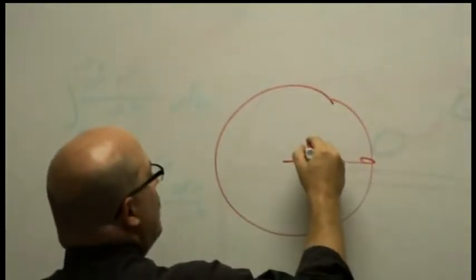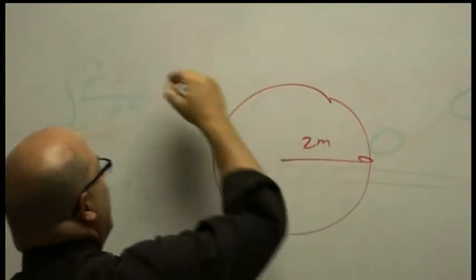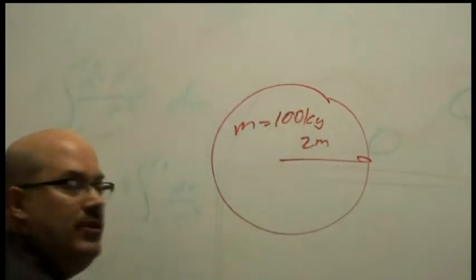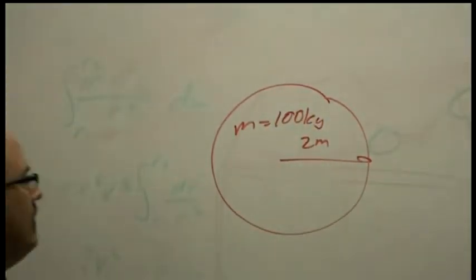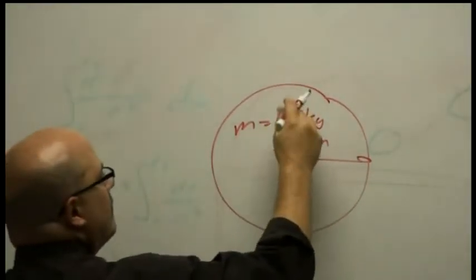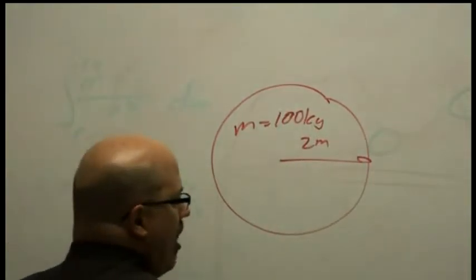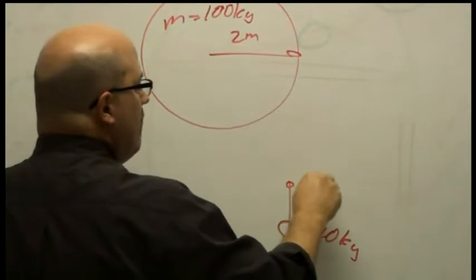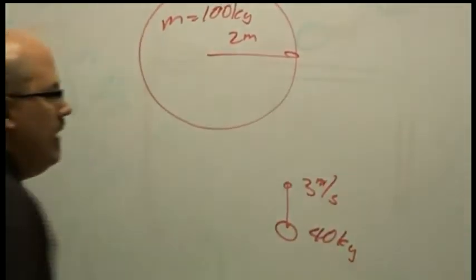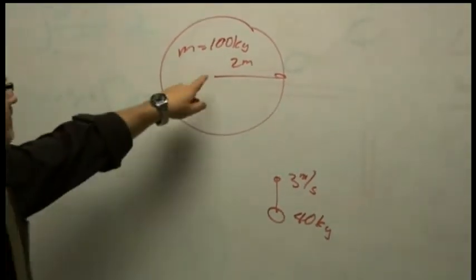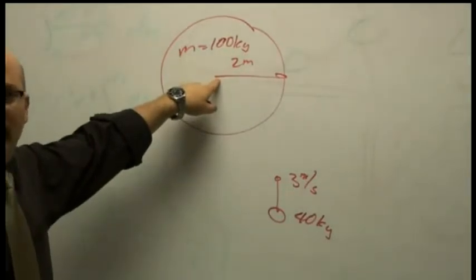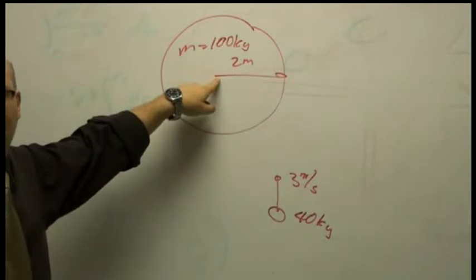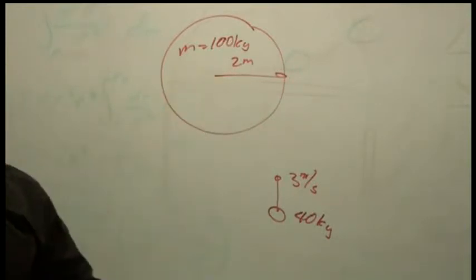It still has a radius of 2 meters and a mass of 100 kilograms. This is important, because you're likely to see some problems like this. And then we have our person, 40 kilograms, running this way at 3 meters per second. When this thing was pinned down, we figured out that the final angular velocity was 2/3.